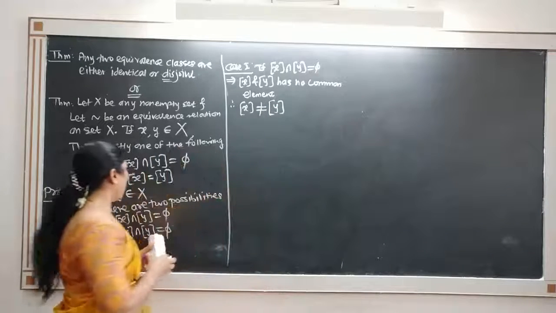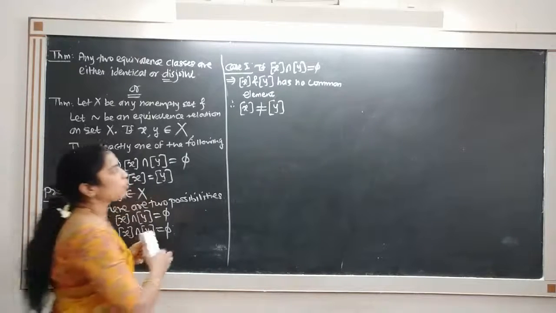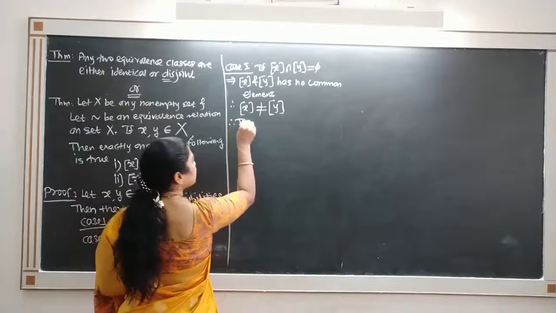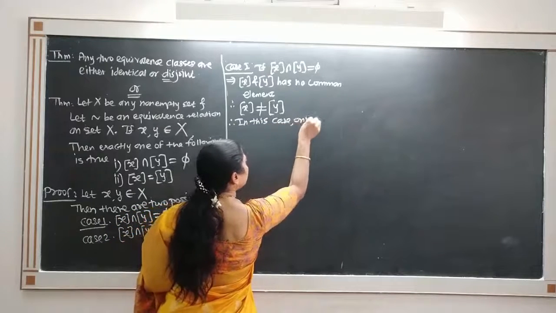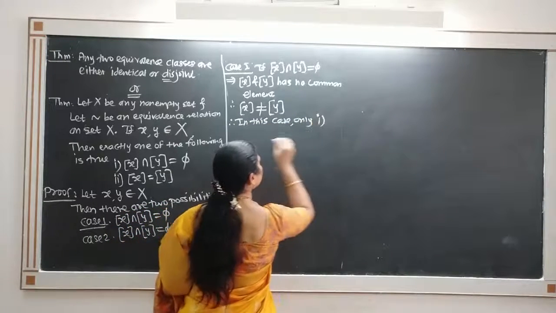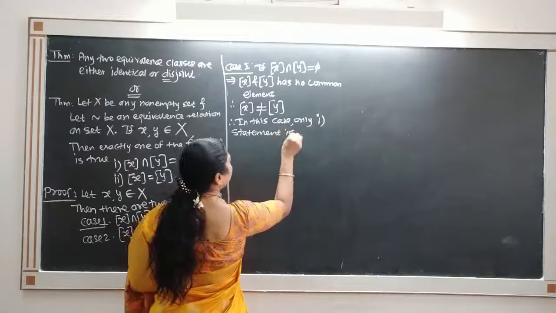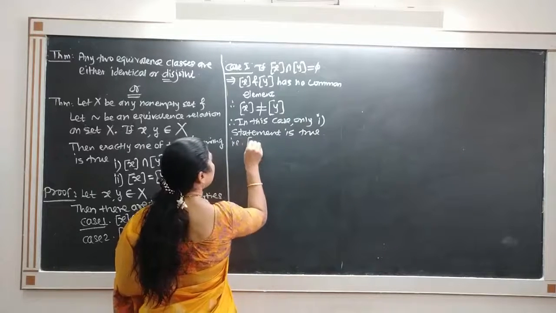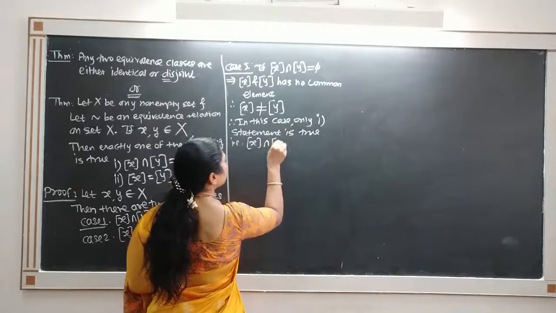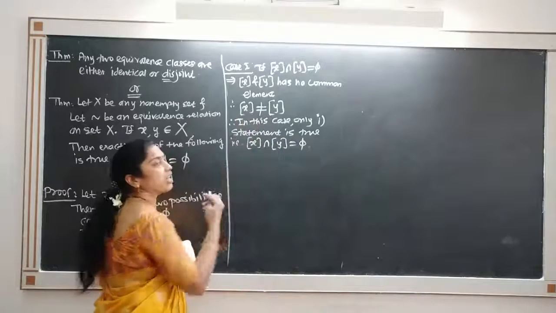So only one holds. In that case, the first statement is true, the second will never hold. Therefore, in this case, only the first statement is true, that is, the equivalence class of x intersection the equivalence class of y is phi. Only this is true. The second cannot be true.